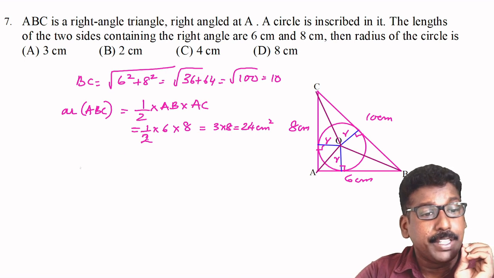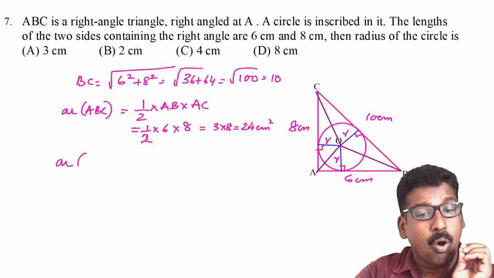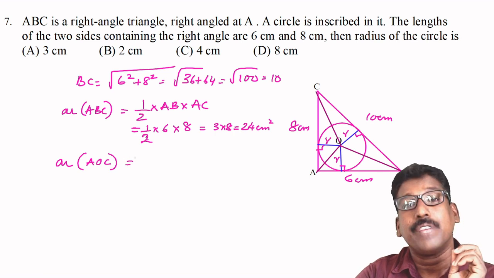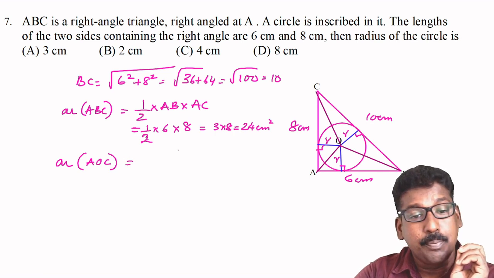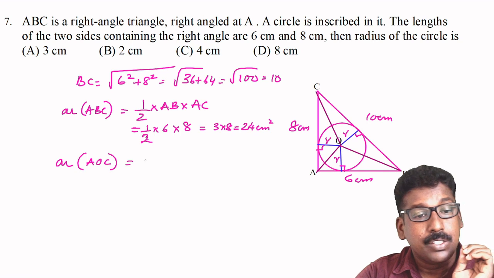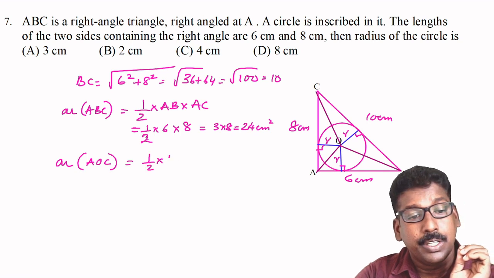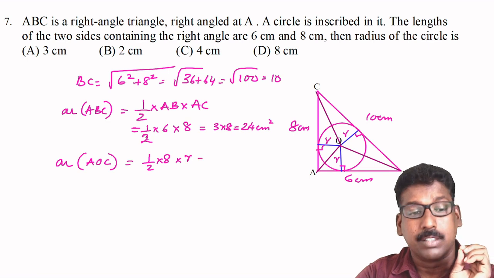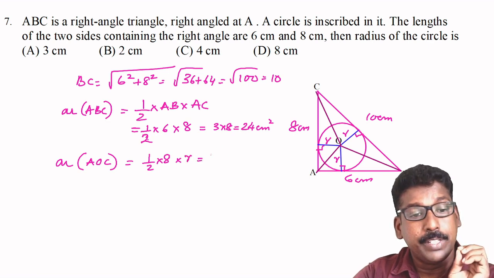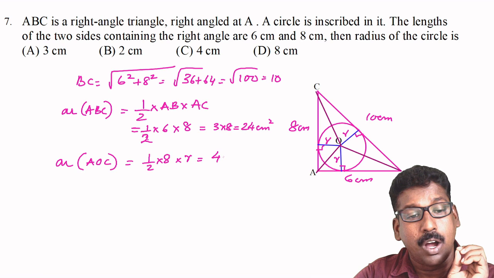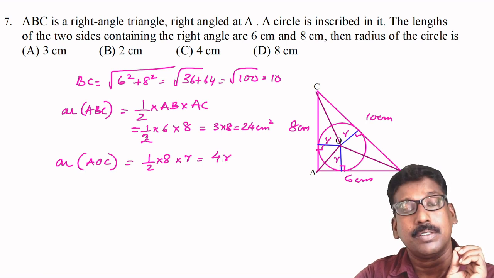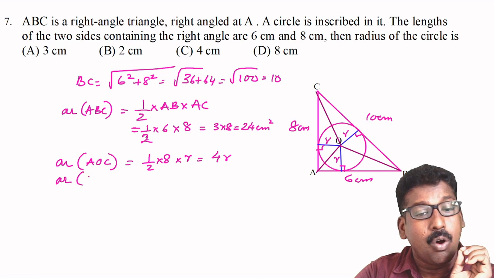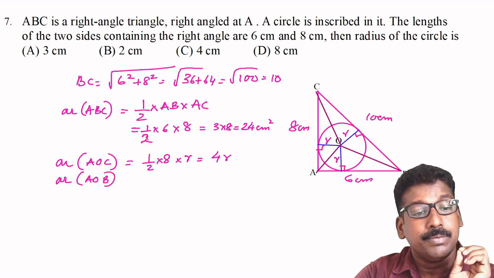Now let me find out area of AOC. What is the area of AOC? That is equal to base, you can take it as AC. So half into 8 into height, which is equal to radius R. So this will be equal to 4 into R, which is 4R. Similarly, can you say what is area of AOB?